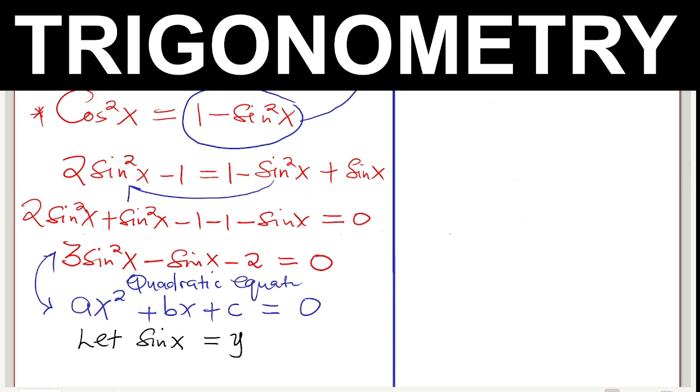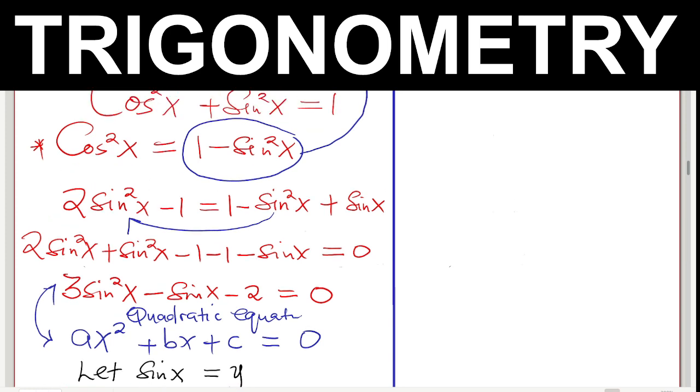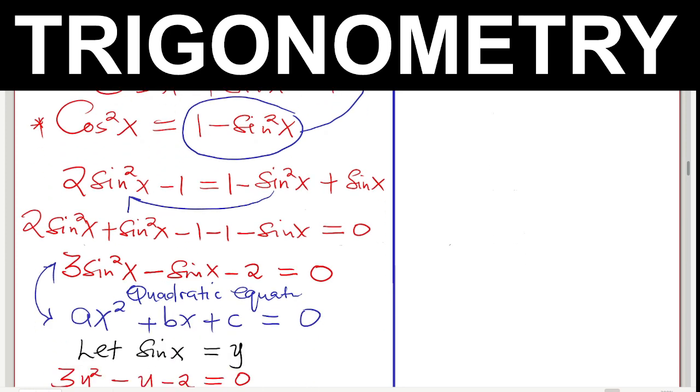We shall have 3 sine squared x become 3 y squared, since sine x is y, so sine squared x will be y squared. So this will be 3y squared minus y minus 2 is equal to 0. Now it will be very easy to solve this equation. So let us solve that equation.